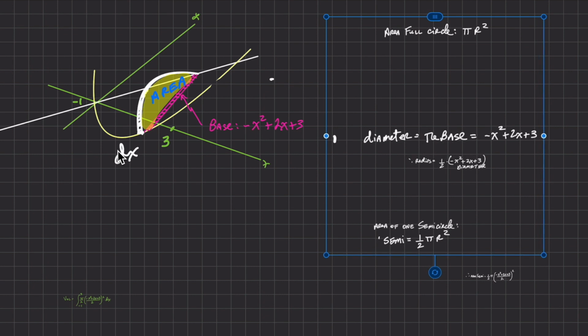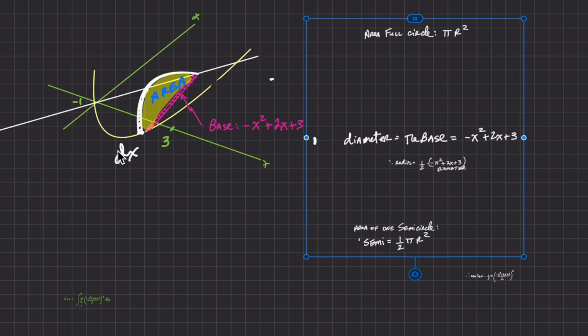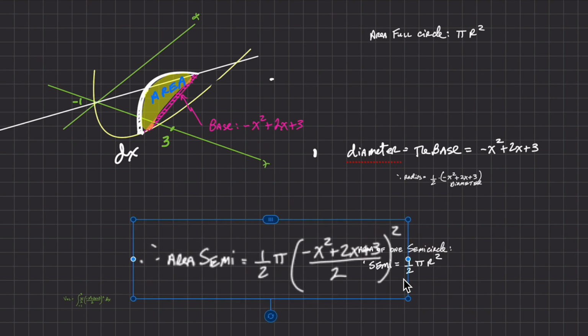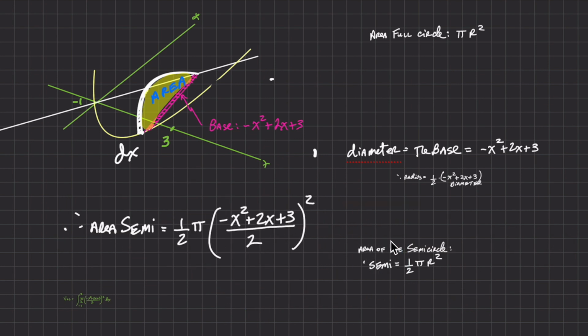Okay, so here, this is basically what I just reviewed. The area of a full circle is pi r squared. We're going to use 1/2 of that. The diameter is the base. So therefore, the area of one semicircle, the surface area, is going to be right here. So here is 1/2 pi r squared, where the r is the diameter divided by 2.